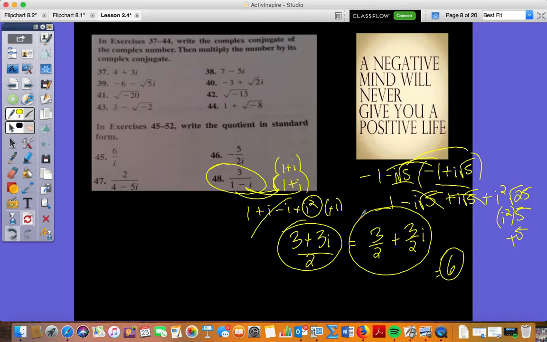What's square root of 25? Good. What's i squared? Negative 1, right? So it's negative 1 times 5, which would be negative 5. Cool.